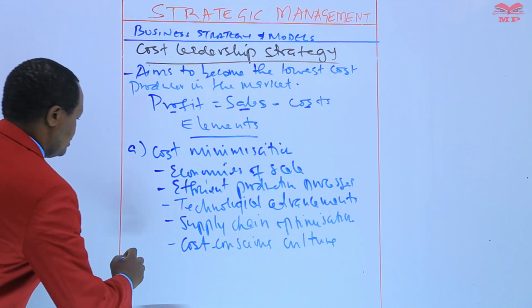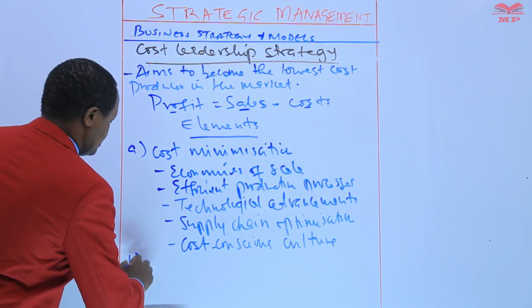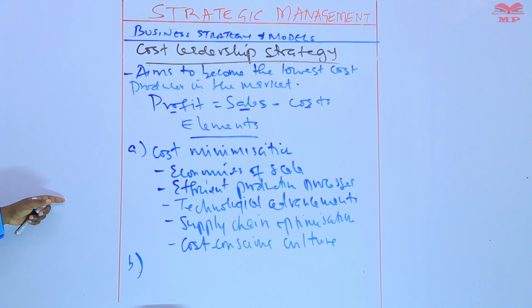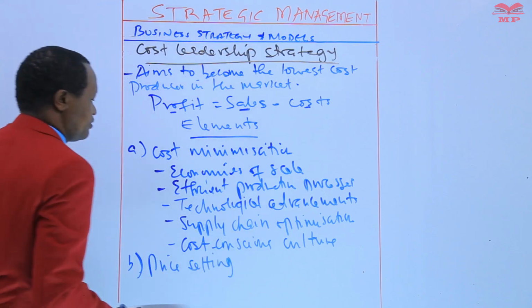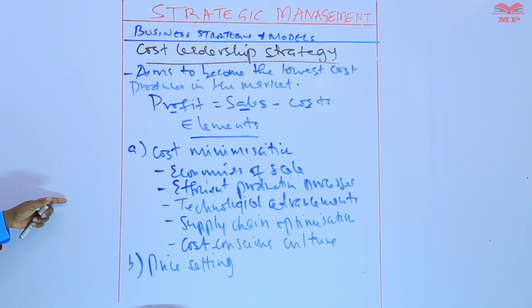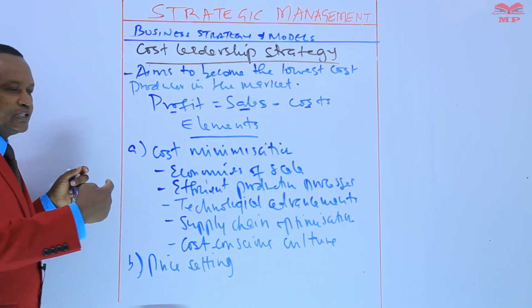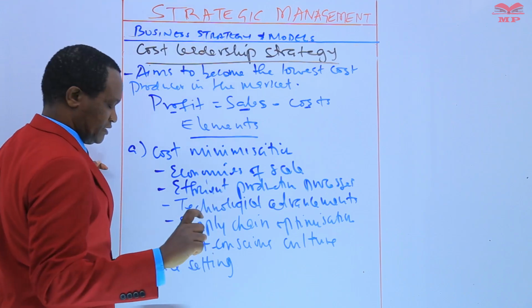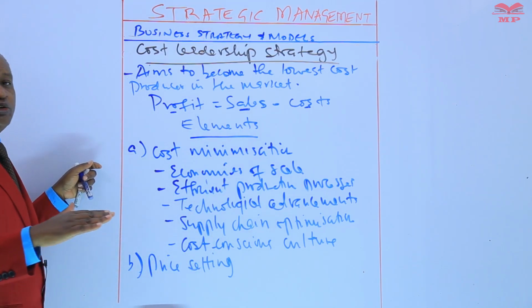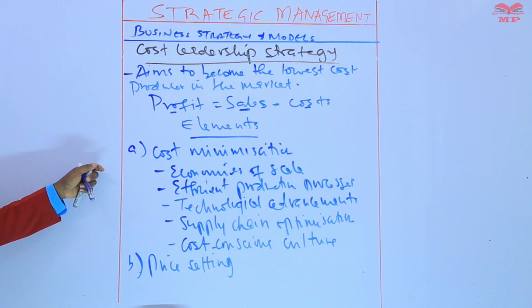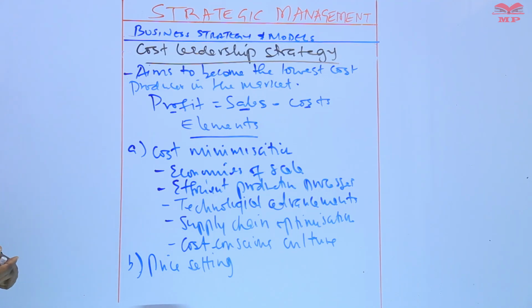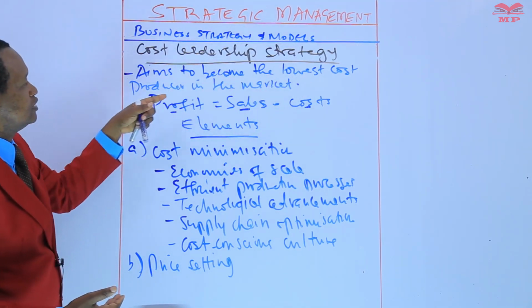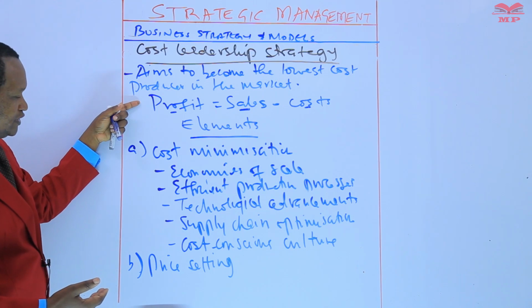The second element is price setting. Cost leaders typically offer products or services at prices that are either lower than or at par with the competitors, while enjoying higher profit margins due to lower cost of production of goods and services.